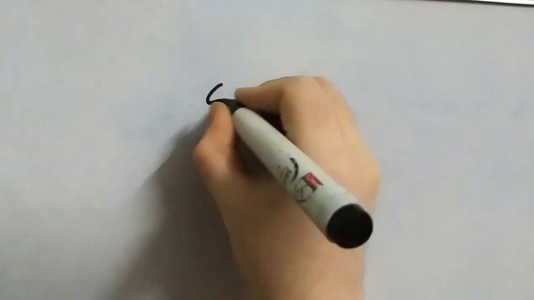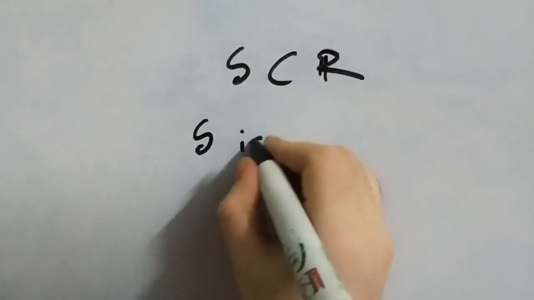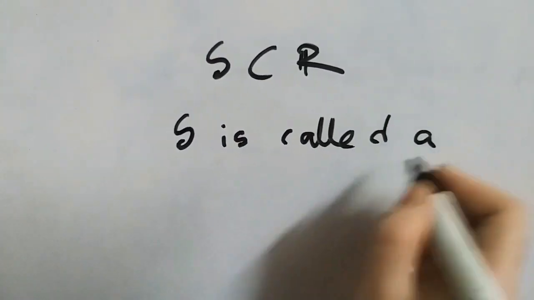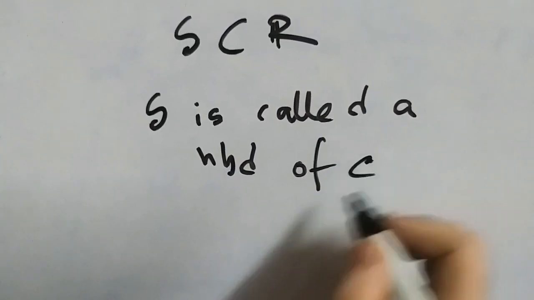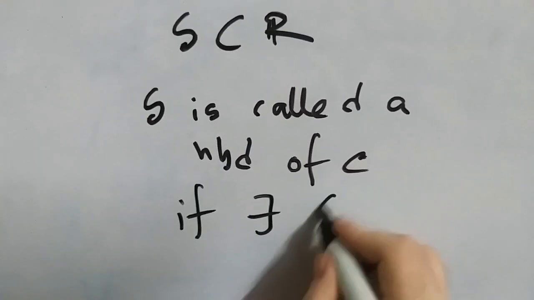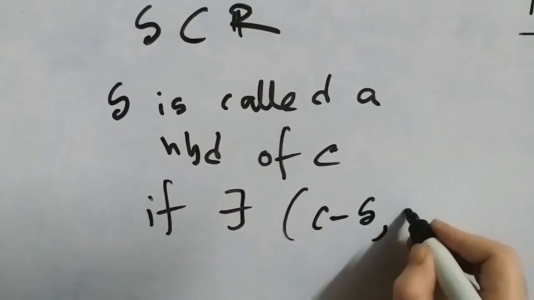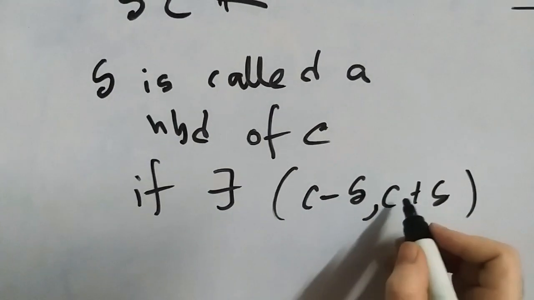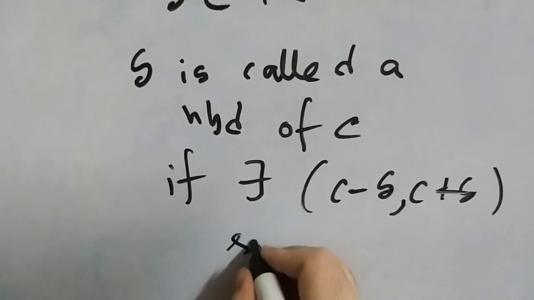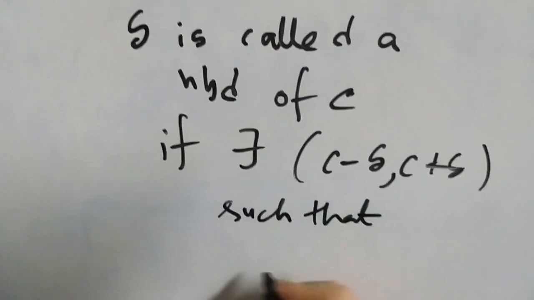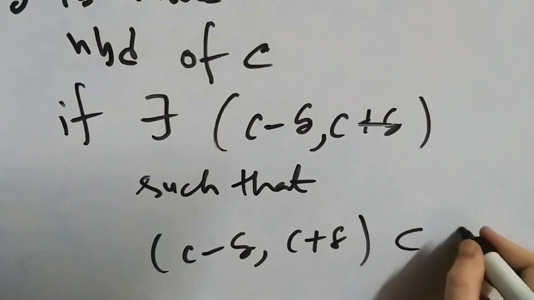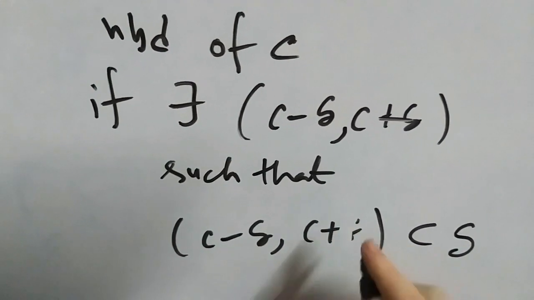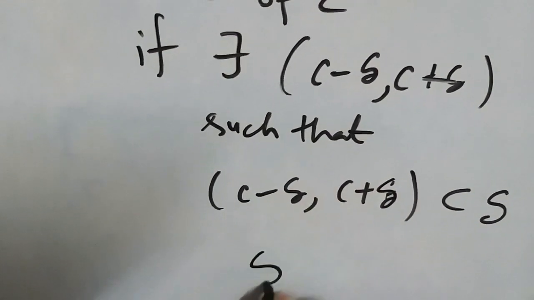Let S be a subset of R. Then S is called a neighborhood of the point C if there exists an open interval (C minus delta, C plus delta) such that (C minus delta, C plus delta) is contained in S, where delta is greater than 0.